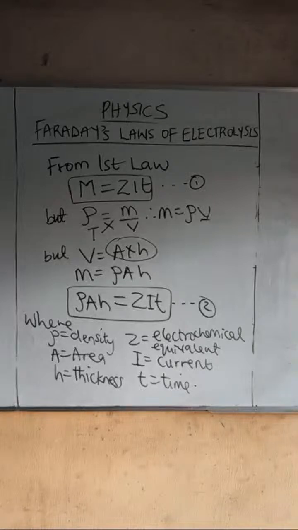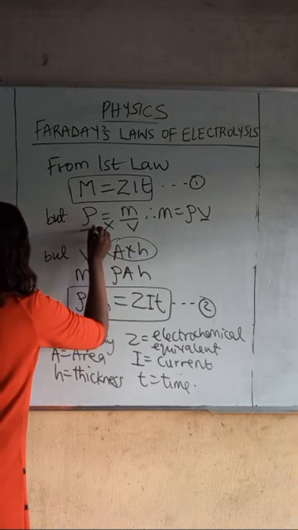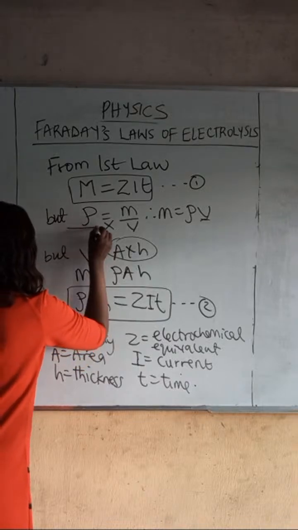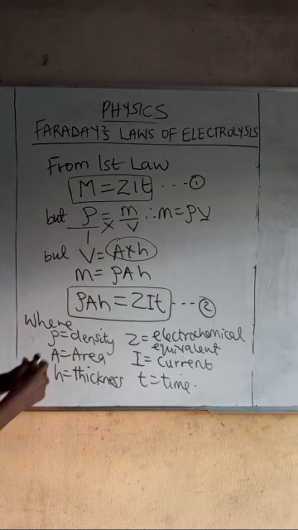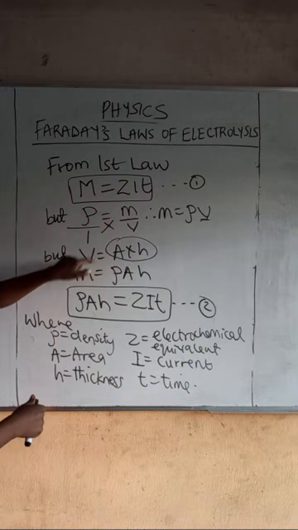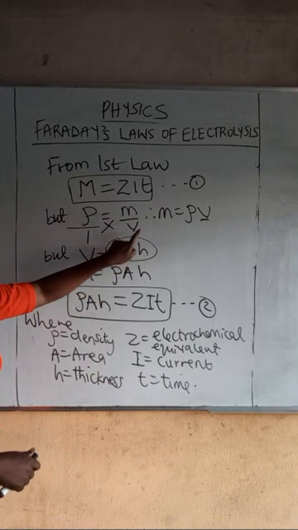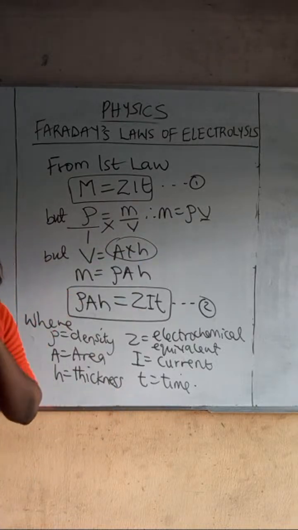Before density, I wrote where. Okay. This is not capital T. I said over 1. And I did cross multiply. Okay? Over 1, cross multiply. So that mass will multiply 1 to get what? Mass. Density multiply volume to get density volume.